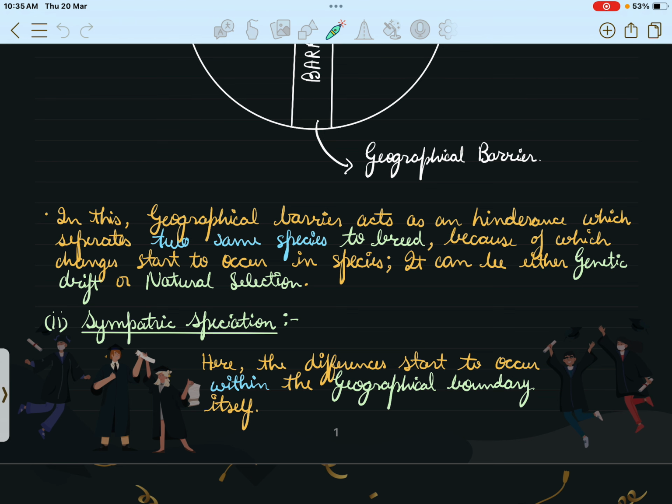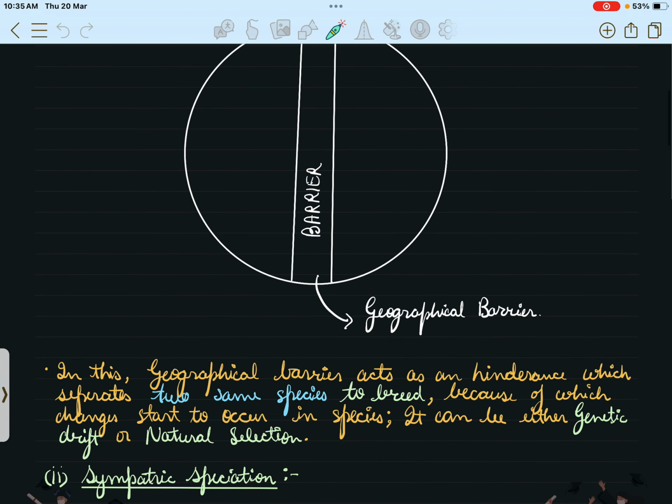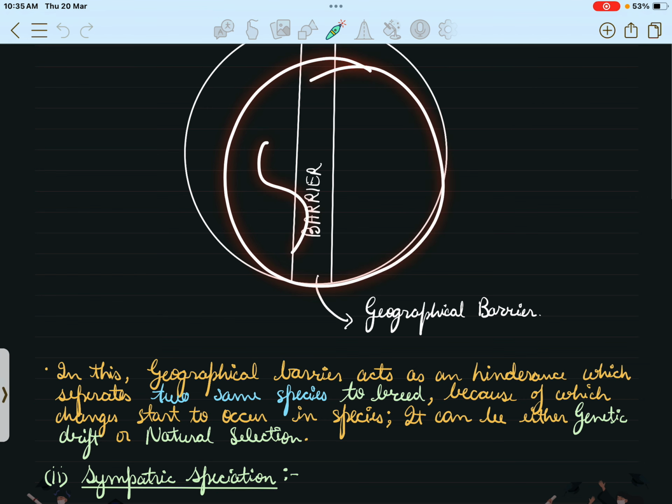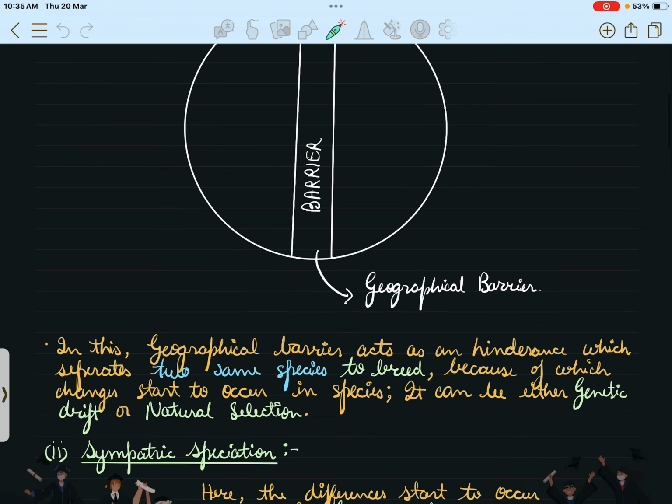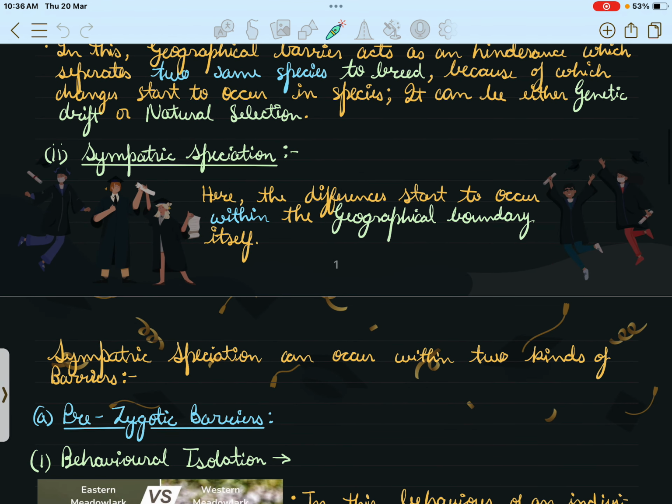So with the same thing, there is a landmass which has the same species, but they are separated due to some barrier, and because of this barrier there is no breeding between these two places. As time passes there are some changes in their genetics, or because of natural selection they develop some characteristics which the other party doesn't have.